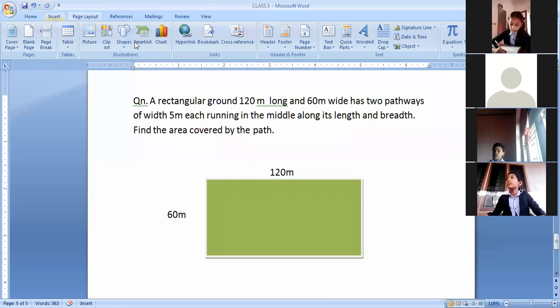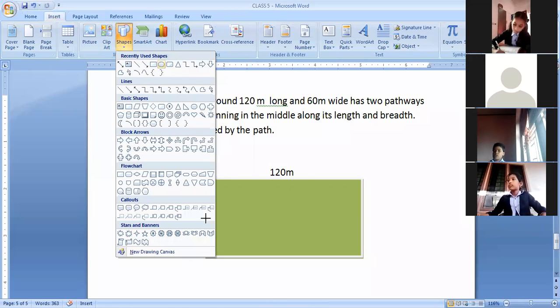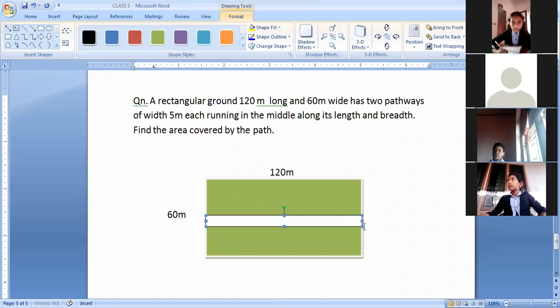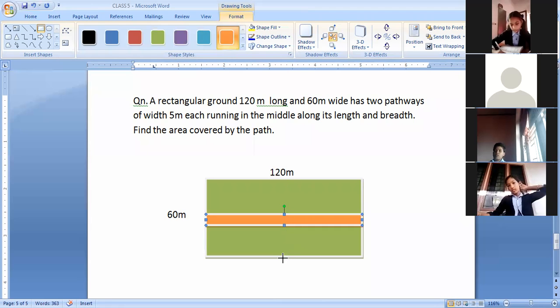So there are two pathways. Let me draw that. One is in the middle of the ground and running like this, and one more pathway is there which is running breadthwise. Yeah, like this.